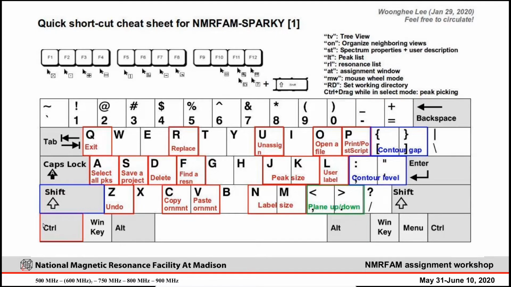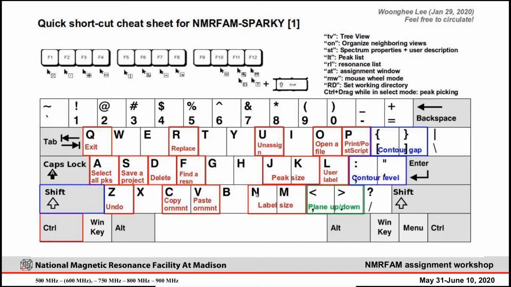And saving is control S. Control D is deleting a selected pick. Finding is control F. Copy and paste, control C, control V. And changing the pick size, control J and K. Label size, control N and M.